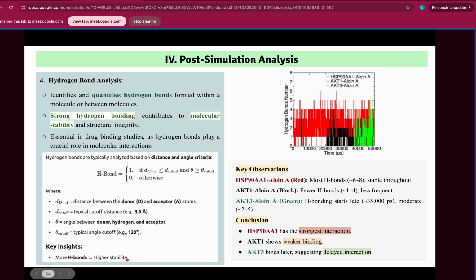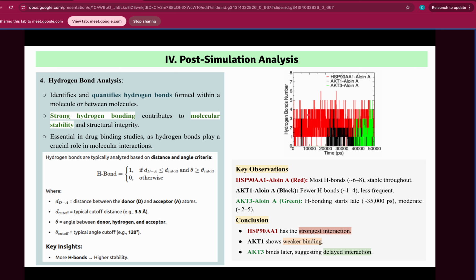If more hydrogen bonds are present, that means the structure is highly stable. In this case there are three situations. One is HSP90AA1, which is alone, and then AKT1 and AKT3, which is represented in green. AKT1 is black and the red one is HSP90AA1.